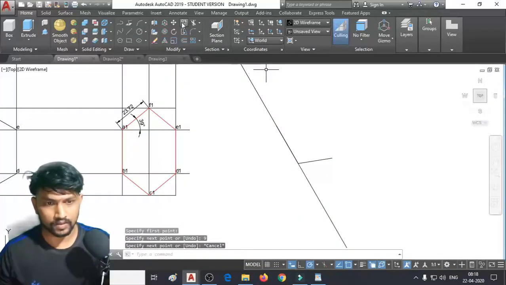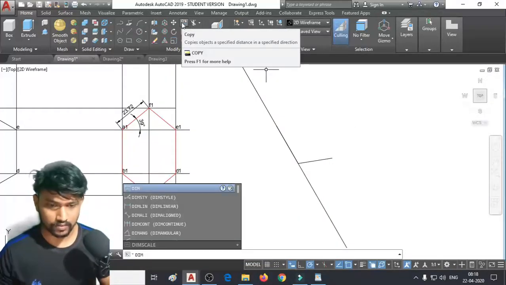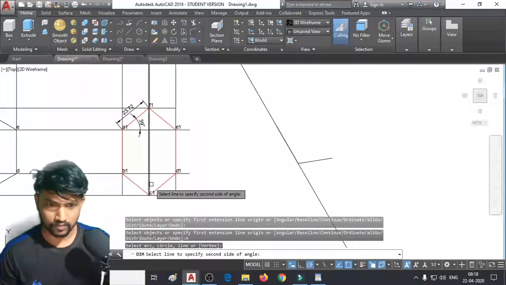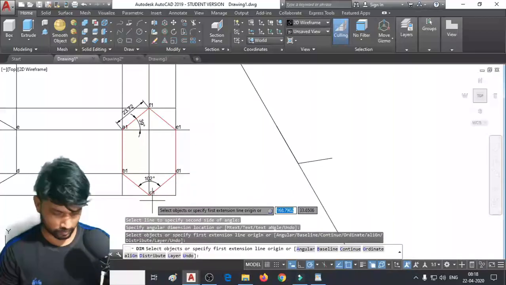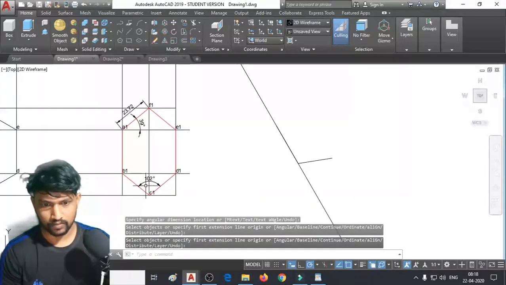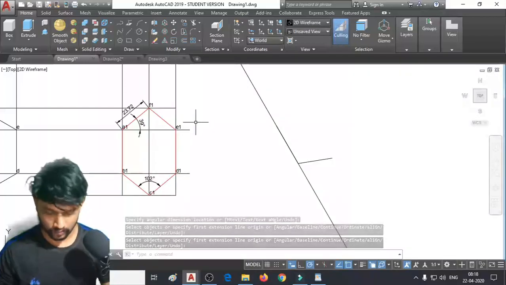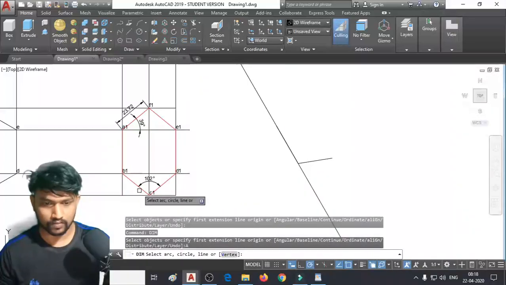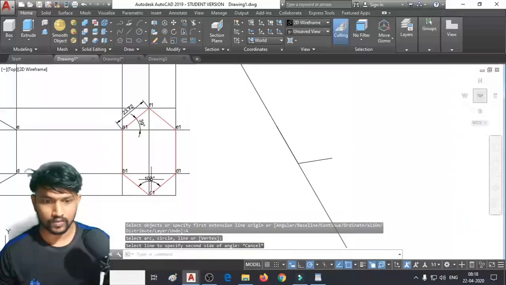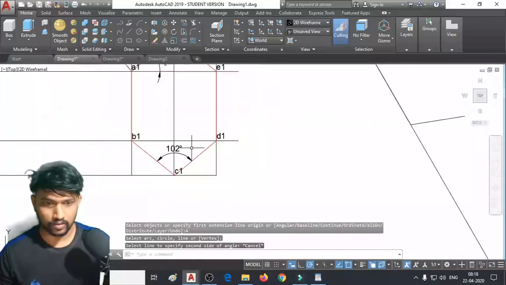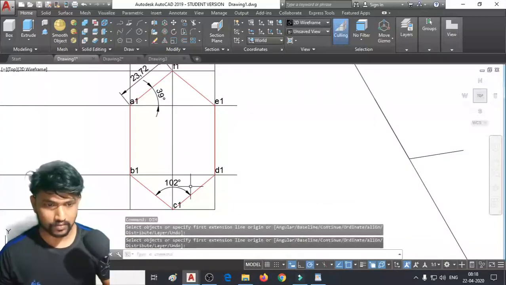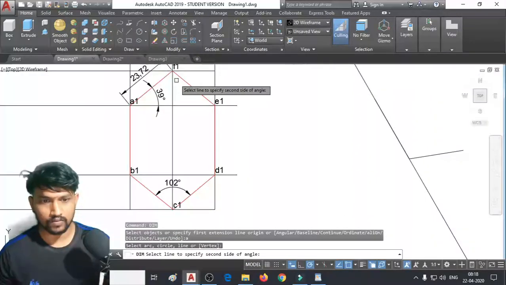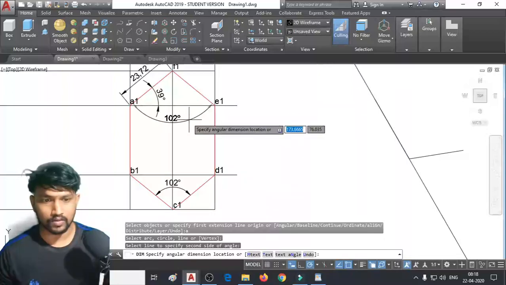The angle between these two, let me measure this one. No, wait. These two are not properly arranged. Yeah, 102.